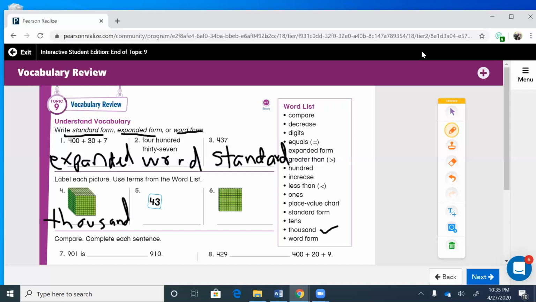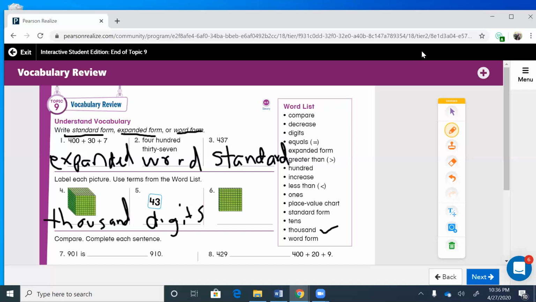Digits, the 4 and the 3, they are digits. And just to make sure, you can always keep looking. You could see that there's increase, less than, ones, place value chart, standard form, tens, thousand, word form. So I'm going to go with digits. It's highlighting the 2 digits. Digits.